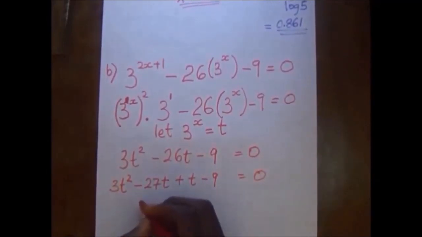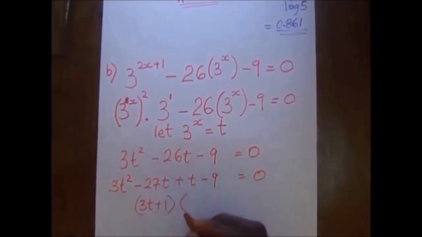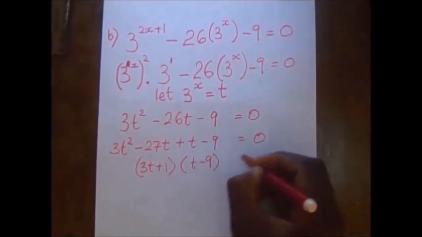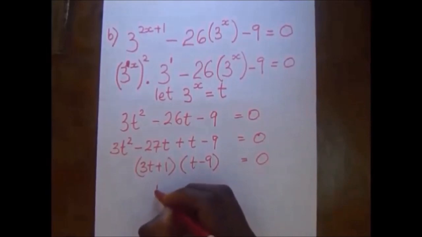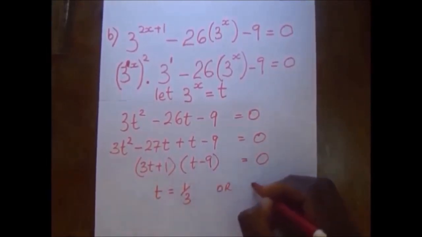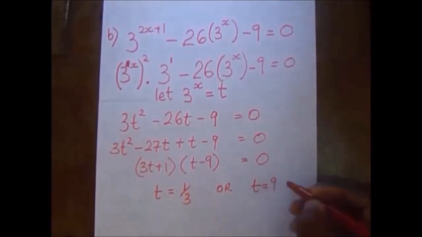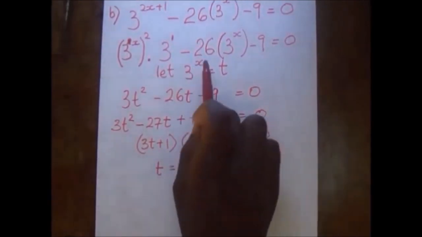From there we shall end up with 3t plus 1 into t minus 9 being equal to 0. So here either t is going to be equal to negative a third or t is going to be equal to 9. But we know that this value of t is equal to 3 to the power x.